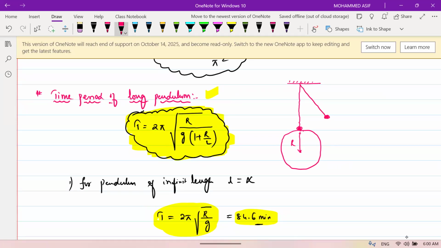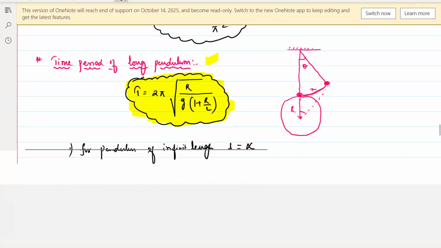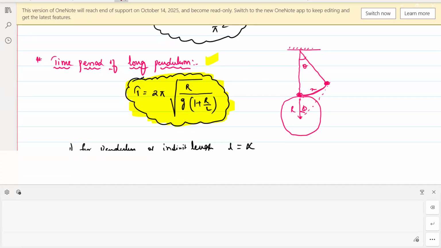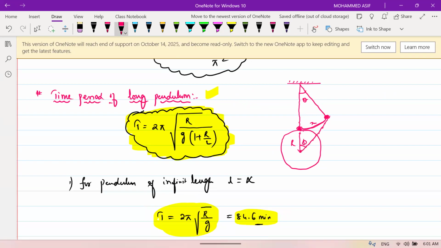This is making an angle theta. If I draw the distance for this, this will be the arc length, so almost straight like an x. Now this is making an angle phi with the line joining the bob, as per the given condition.